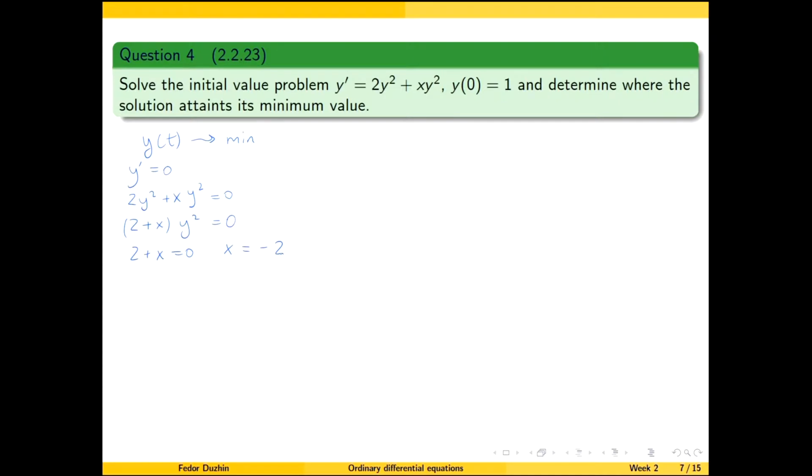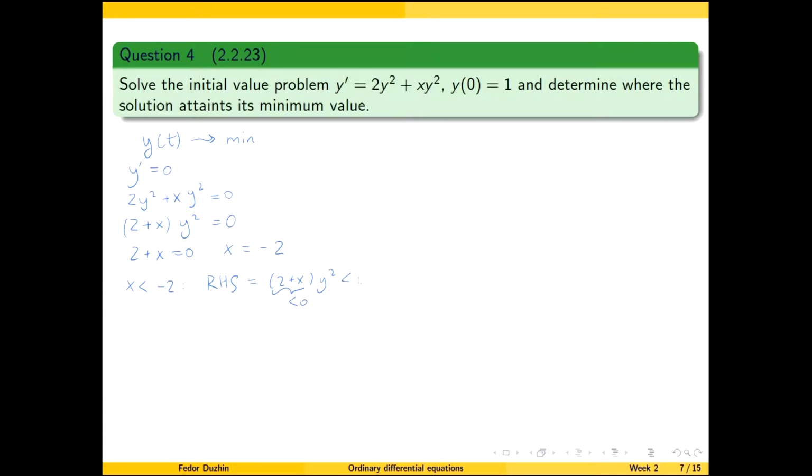At the same time, if x is less than negative 2, then the right-hand side of our differential equation, 2 plus x times y squared, is negative, because 2 plus x is negative.